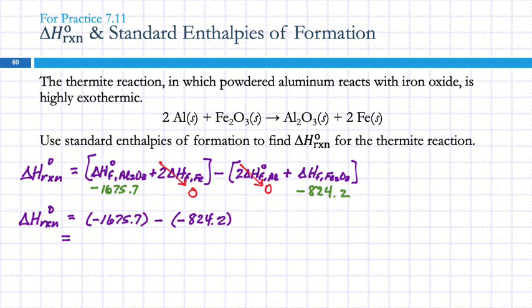And then don't overthink this, just let your calculator deal with those negative signs. And it works better when I type the numbers in correctly. Negative 851.5 kilojoules. Any questions?